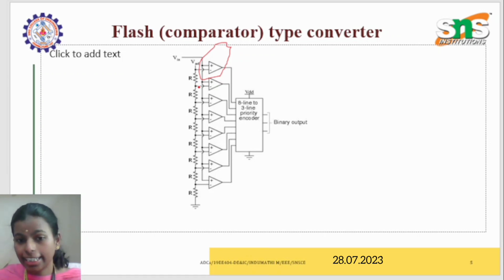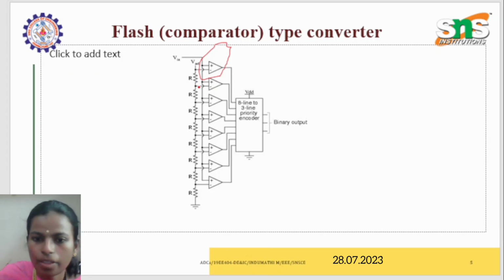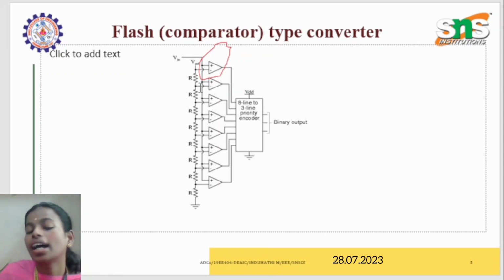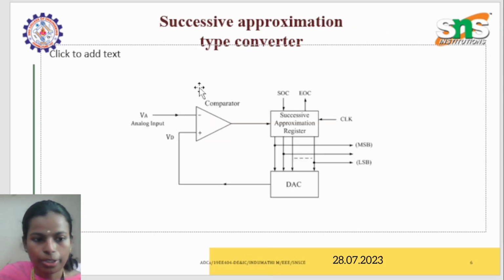So we are connecting the n number of comparators to the encoder to get the binary output. The comparators give the values, which are given to the encoder, the process is done by the encoder, and you get the binary output.